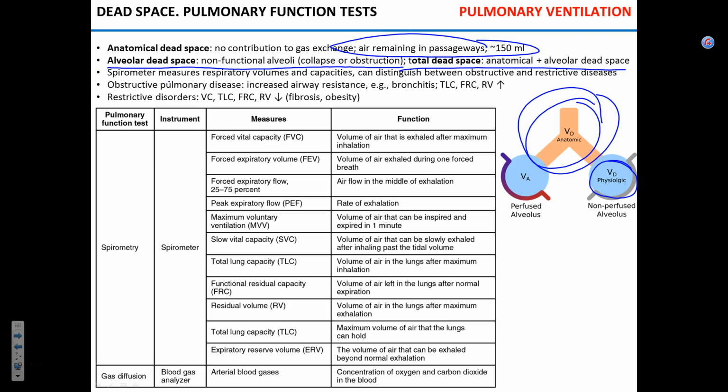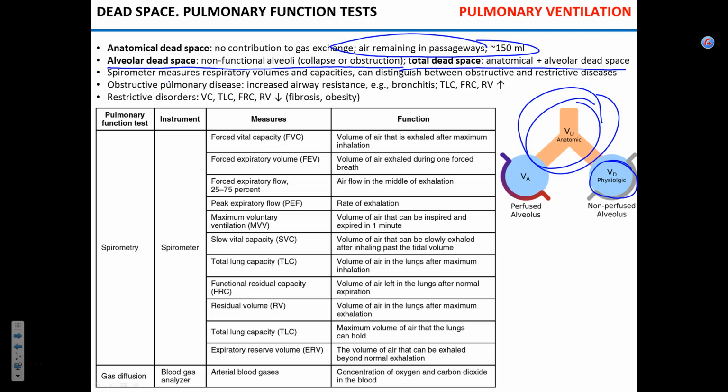So 150 anatomical, 150 alveolar. You inhale 2,000. How much air will be actually available for the gas exchange? 1,700. Math-wise, you don't need to calculate this. I will tell you what you will need to calculate. Not this. But you need to understand the concept.